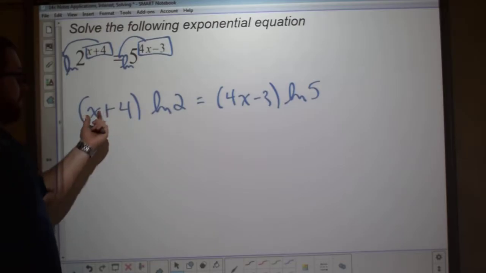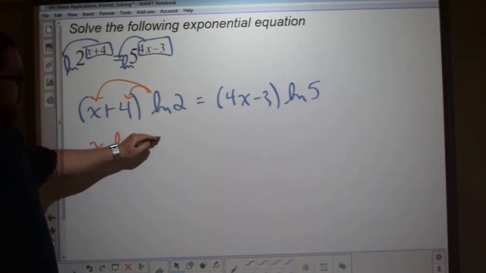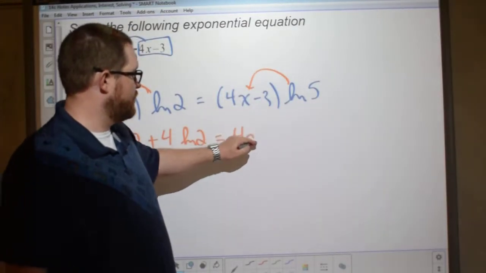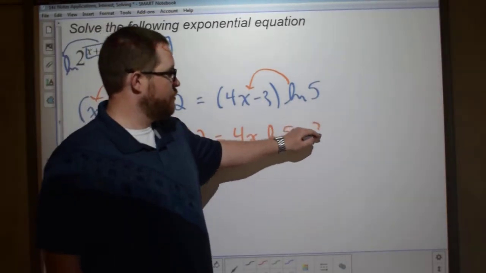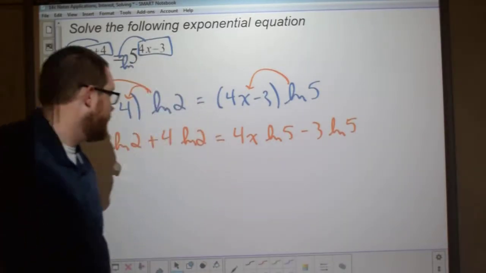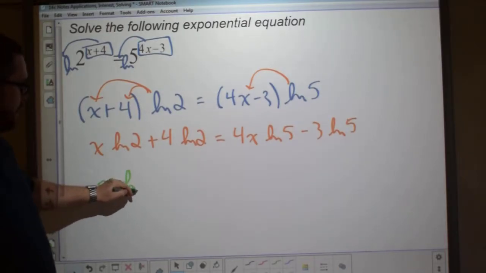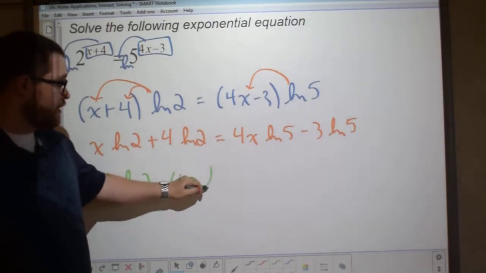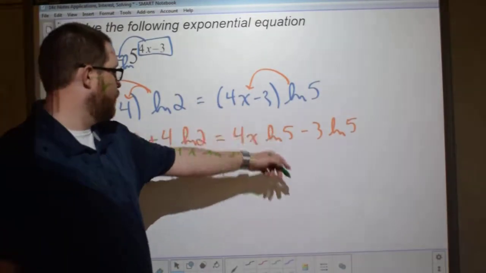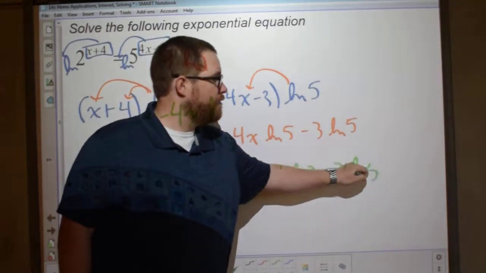Now from here, it's a lot of algebra, but it's stuff you've done before. I see something outside of parentheses, I'm going to distribute it. X natural log of 2 plus 4 natural log of 2 equals 4x natural log of 5 minus 3 natural log of 5. Let's get all my x's on one side, everything else on the other. So I'm going to move this over here. X natural log of 2 minus 4x natural log of 5 equals, this needs to move over, negative 4 natural log of 2 minus 3 natural log of 5.